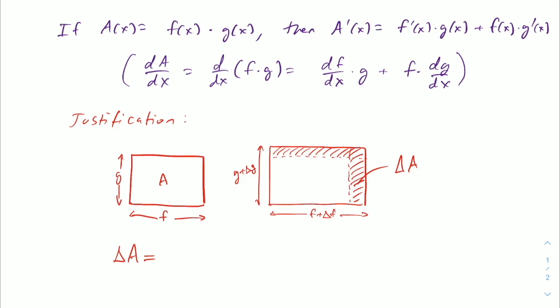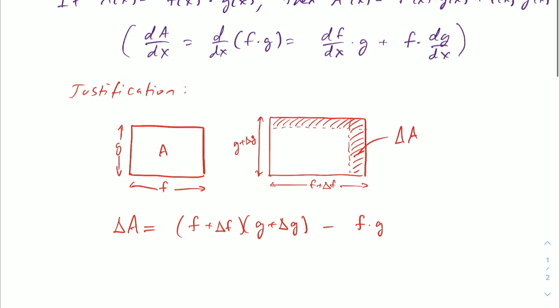The dimensions of my new rectangle are f plus delta f times g plus delta g, and the dimensions of my old rectangle are just f and g, so I'm going to subtract f times g. That's the change in my area.